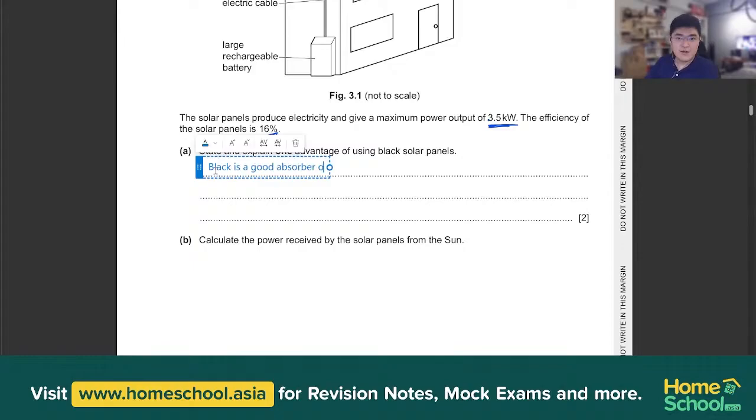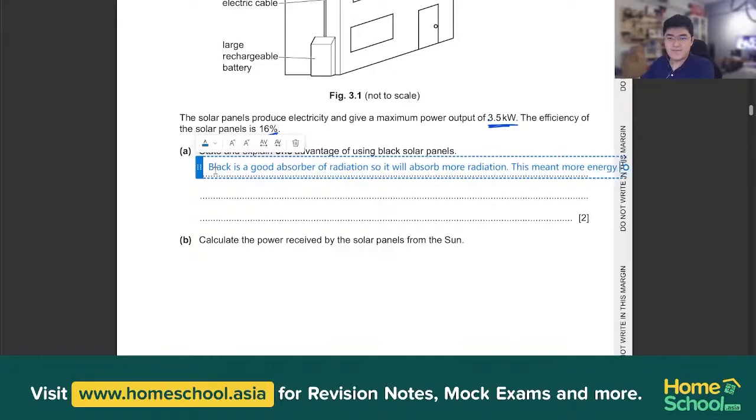That is a good absorber of radiation, so it will absorb more radiation. Okay, this meant more energy.